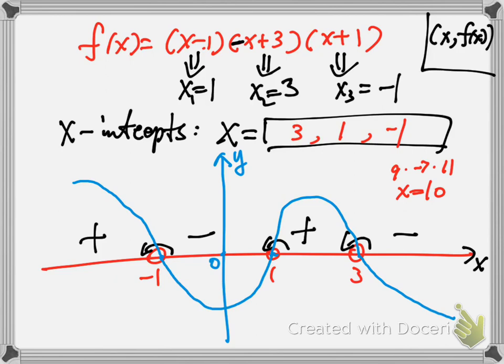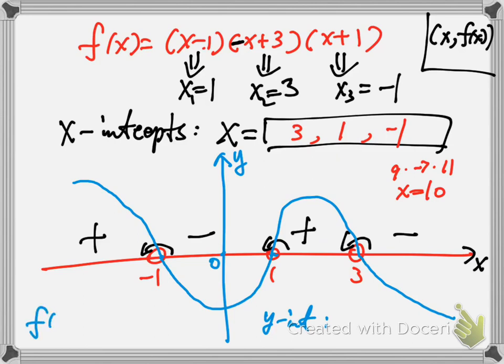Now the last question we need to know is the y-intercept. So what's the y-intercept? That's a property. The y-intercept is the last number of f.